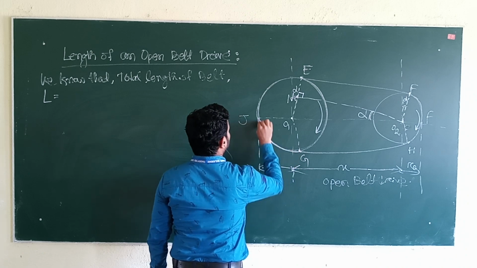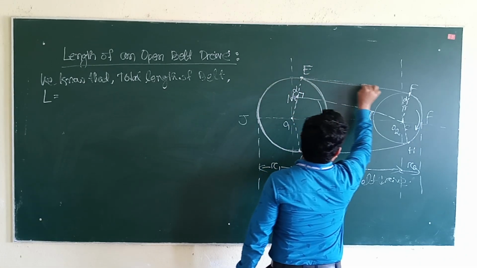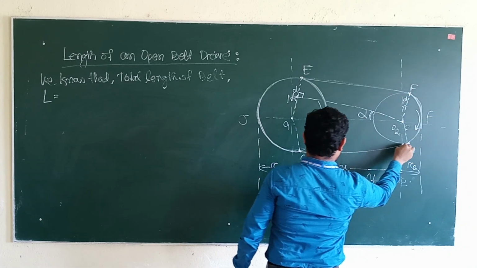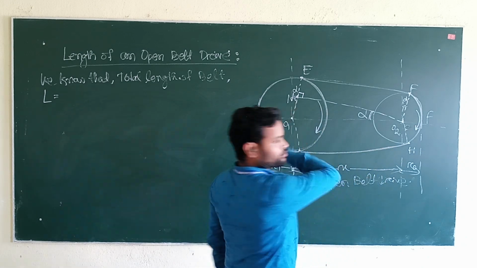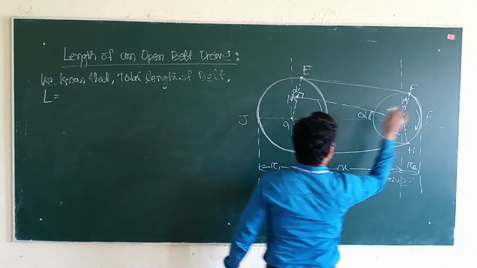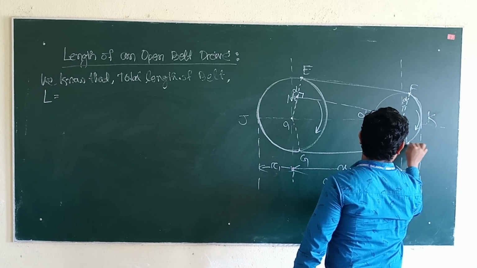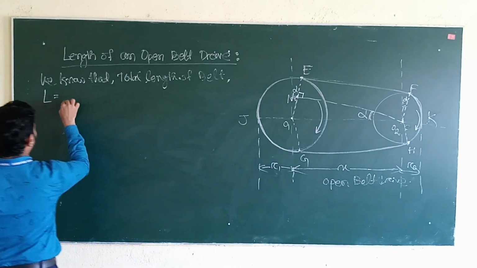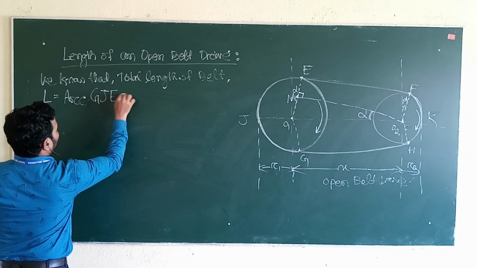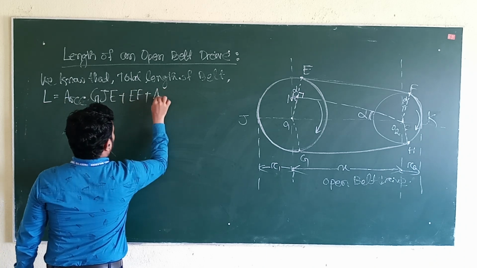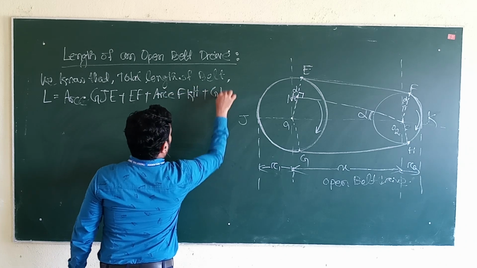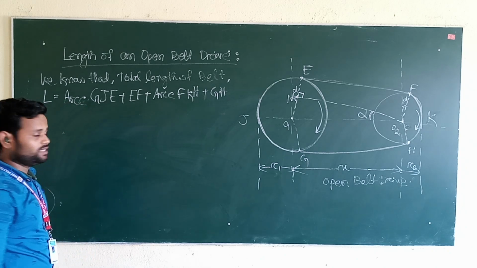So the arc GJE plus EF plus another arc FKH plus GH. This is K, FKH. So L equals arc GJE plus EF plus arc FKH plus GH. This is the total length of the belt.